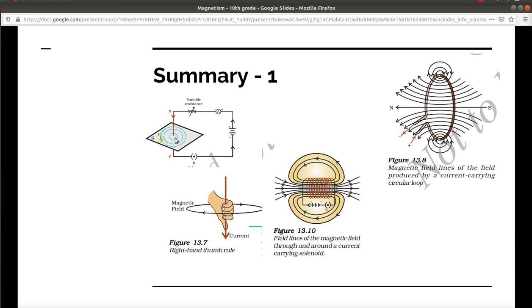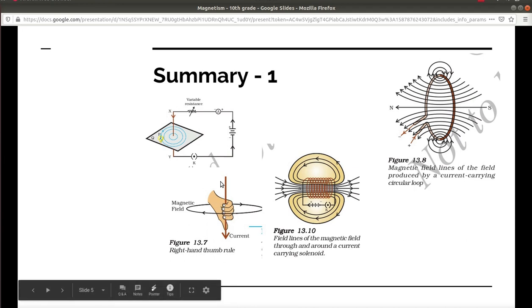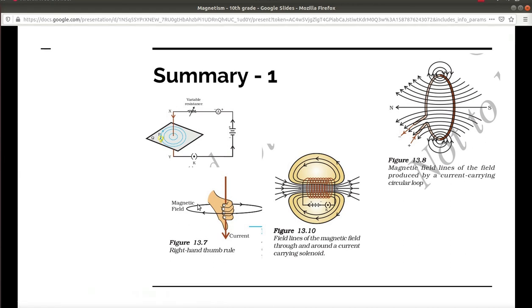Now that the current is flowing downwards, the field is going to your left, like how it is shown in this image. Okay, the thumb is in the direction of the current and the fingers are enclosing to your left. So that is how the magnetic field lines are, okay, and the direction of the magnetic field lines.